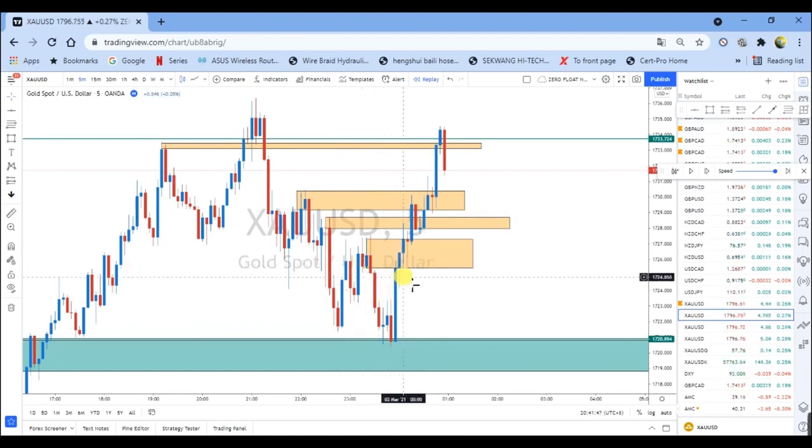Price reacted to this supply zone a little bit, and then broke this zone, reacted to this zone, and then retested the zone that it just broke, came back in the zone, and continued to go up, broke this zone, and then reacted to this zone, tested the zone that it just broke again, and then continued going up, and kept on like this.